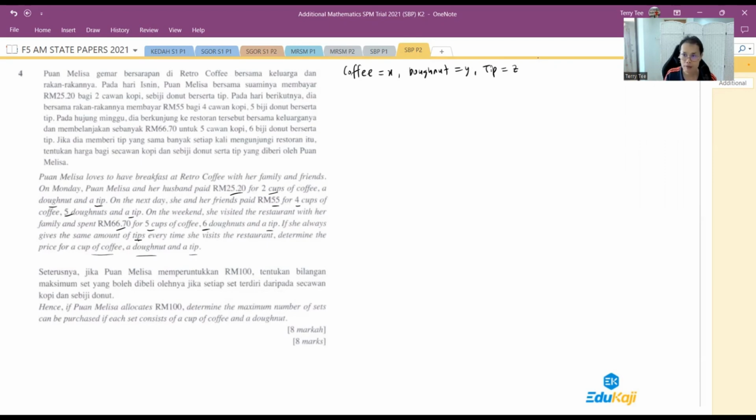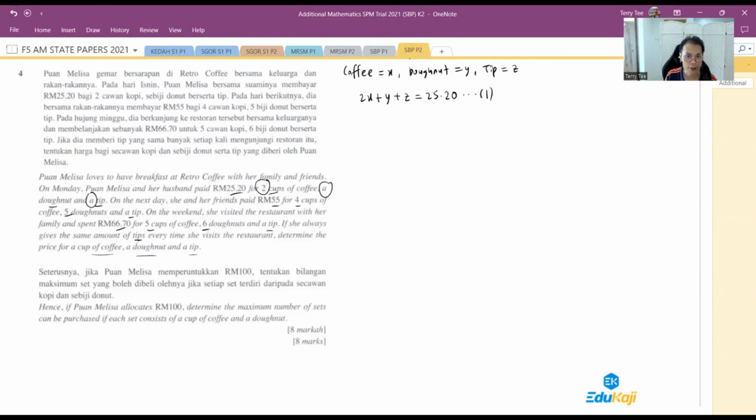So the first equation is when she went there with her husband. She bought 2 cups of coffee, a donut, and a tip. So we say 2x plus 1y plus z equals the amount that she paid, which is 25 ringgit 20 cents. That would be my first equation. The second time she went there, she went with her friends.